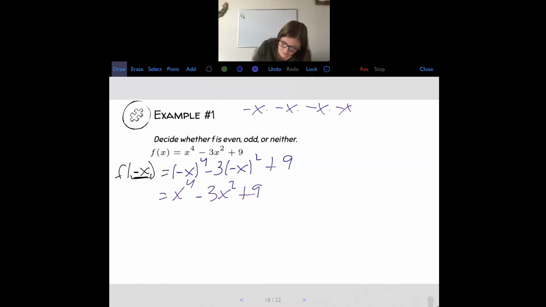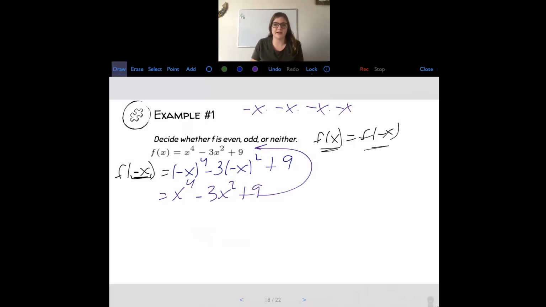We compare it to the original, because if a function is even, f of x is equal to f of negative x, which is saying the original is equal to f of negative x. And in this case, it's the same, so this function is even. And remember that note on the previous slide, if a function is even, you don't have to check if it's odd because it can't be both.